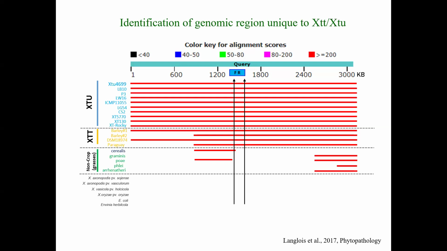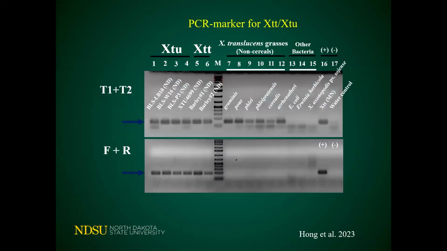And so then we tried to develop a PCR-based marker. You can see those regions are absent in the gramineous Xanthomonas and in other close relatives. This is the PCR result. T1 and T2 are the previous markers, published in the 80s, that used the ITS region and 16S region to try to detect Xanthomonas translucens.